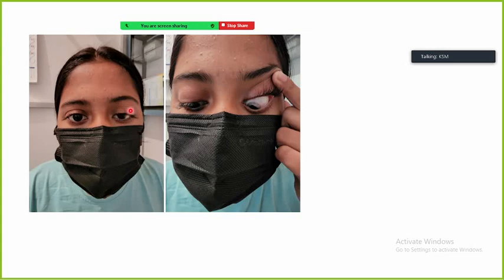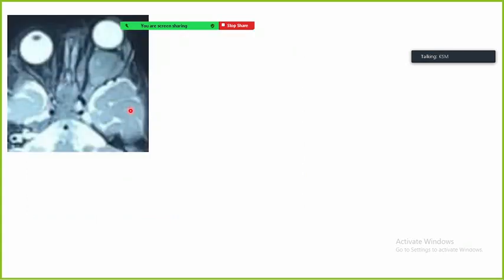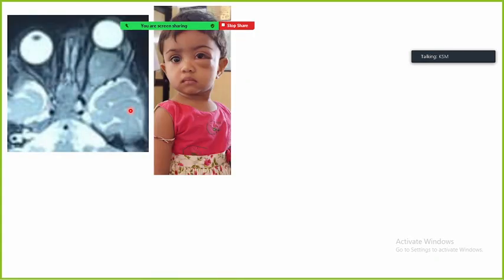Then she came with proptosis and ptosis. She had a dermoid cyst, which was very small at that time and stable. The dermoid was pressing on the levator muscle and causing ptosis. Then the dermoid had hemorrhage into it. So you can get caught in these situations.